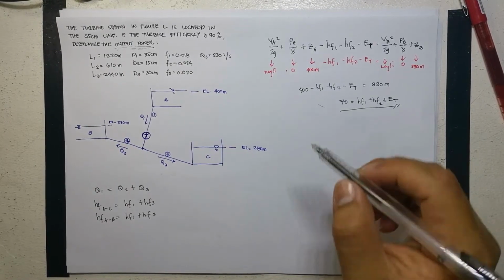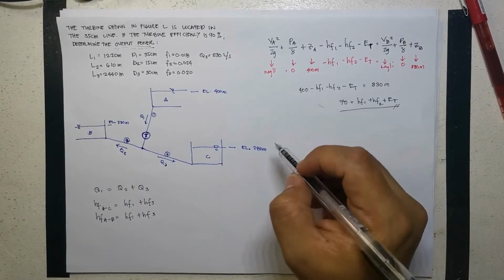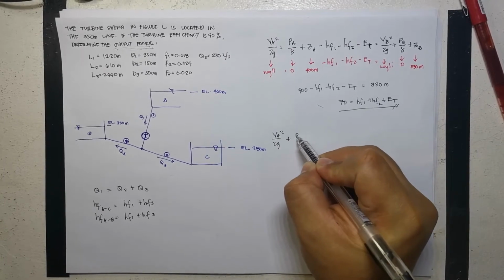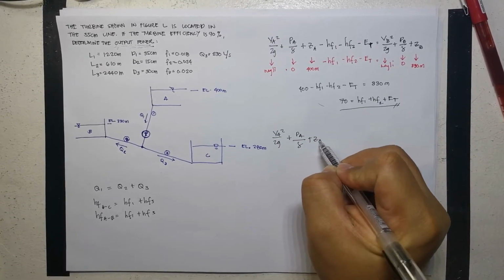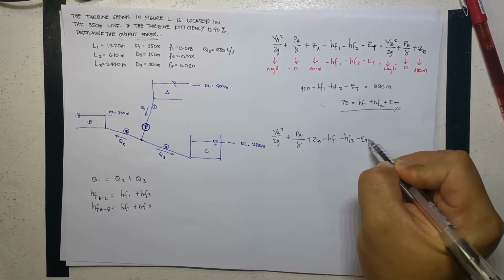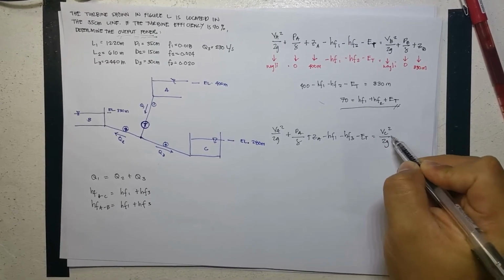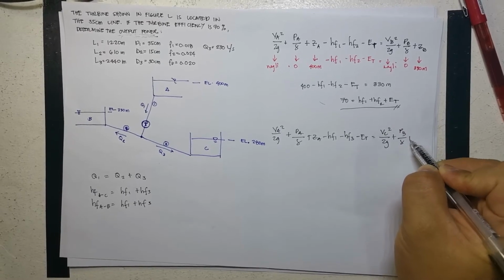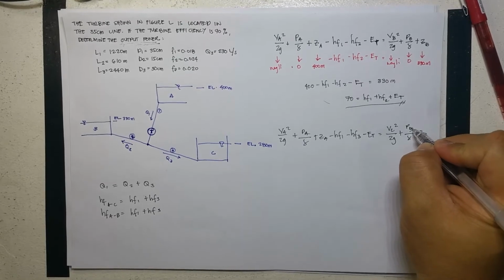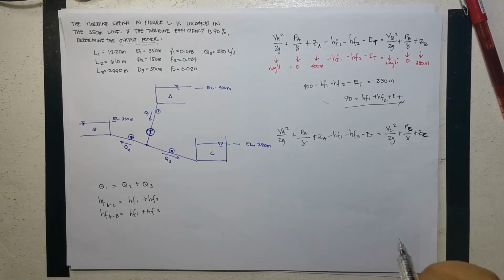Ngayon, try naman natin. Same dito, then papunta naman tayo sa Q3. So, VA squared over 2g plus PA over gamma plus ZA minus HF1 minus HF3 minus ET is equal to VC squared over 2g plus PC over gamma plus ZC.